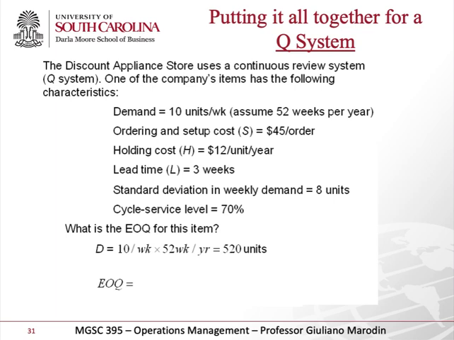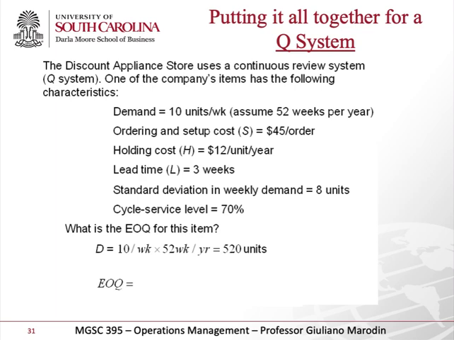And the first thing, and very important here, we have to differentiate the weekly demand from the yearly demand. That's very important for all the problems, exams, everything that you guys are going to do, assignments and all. So the capital D is the yearly demand. Lowercase d is the weekly or daily demand.